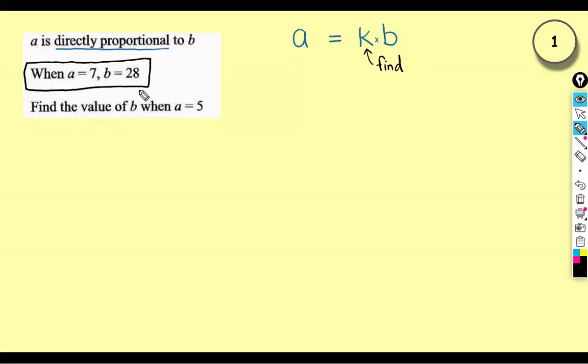The examiner says, when A is 7, you can be guaranteed that B is 28. But he didn't say it like that. It is exaggerated. So all you have to do now is replace A with 7, K, and he said when A is 7, at the same time, B is 28.